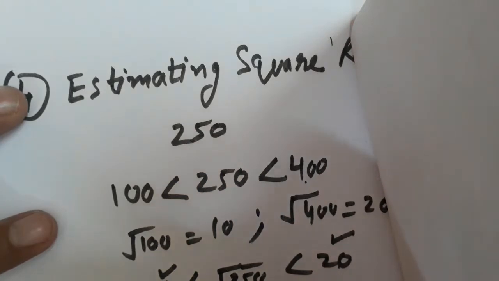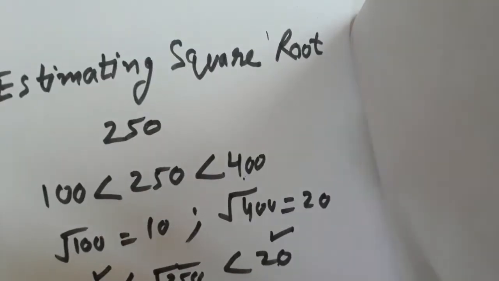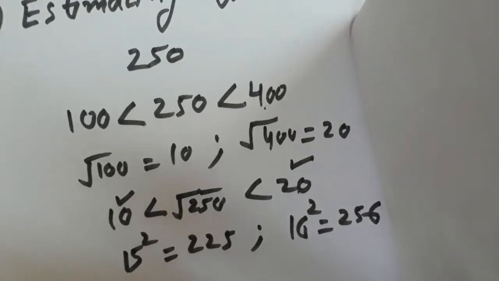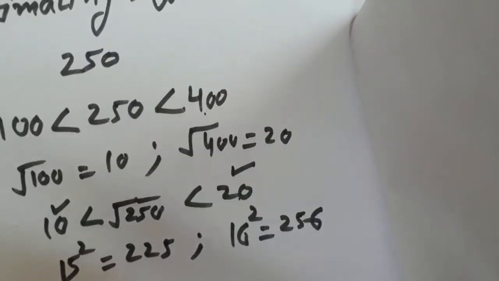We know that 15 square is equal to 225 and 16 square is equal to 256.